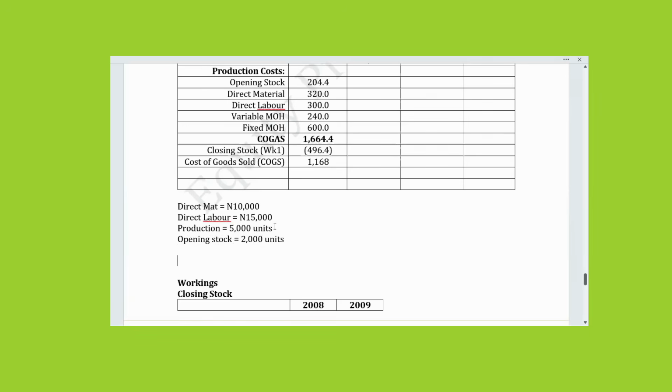As you can see, we are given total direct material costs and total direct labor costs.